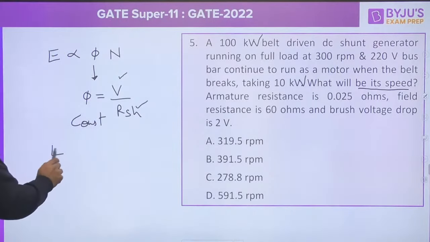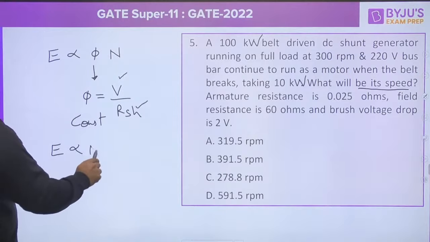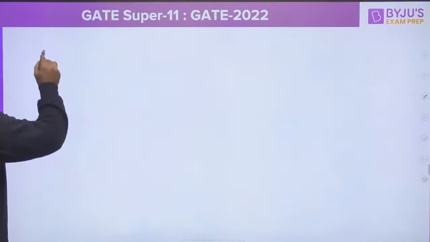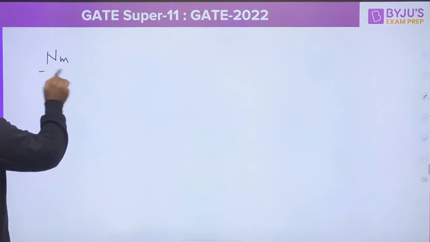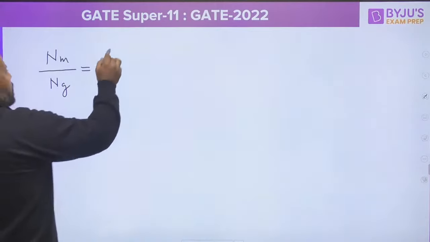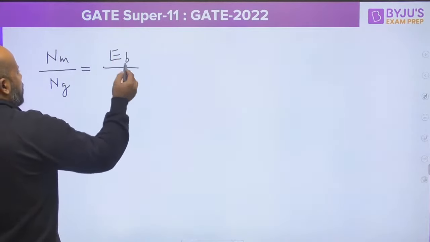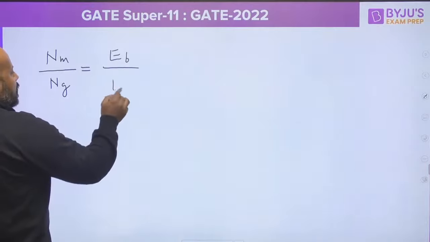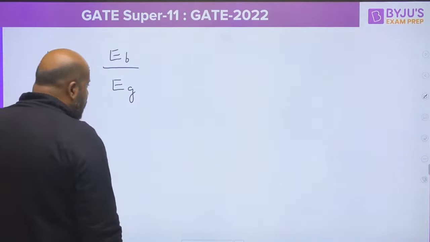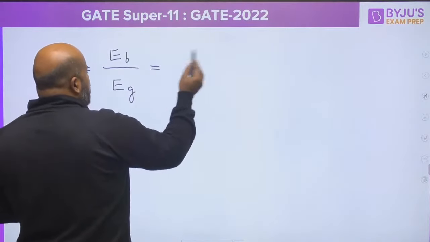So you can write this EMF is directly proportional to the speed. So if I have to write the speed in case of motor and speed in case of generator, then you can write it as the back EMF in case of motor operation and the generated EMF in case of generator operation. How are you going to write the back EMF for the motor operation?